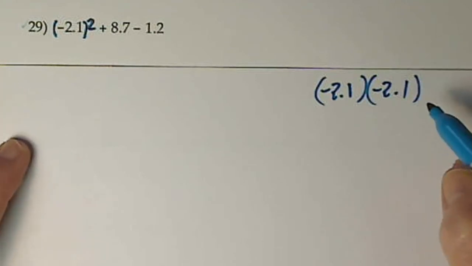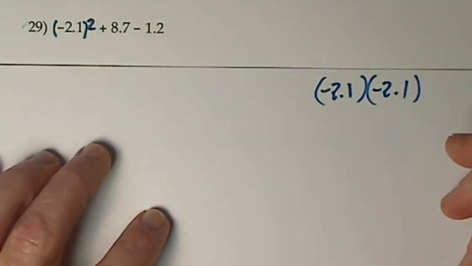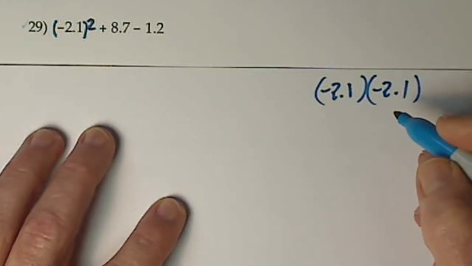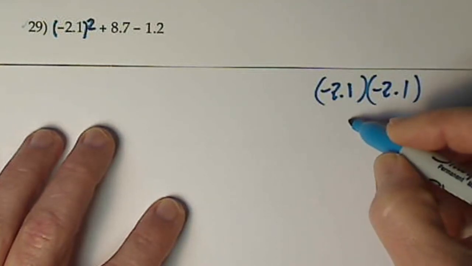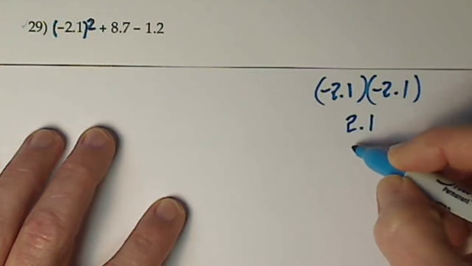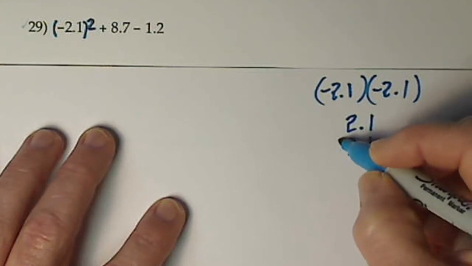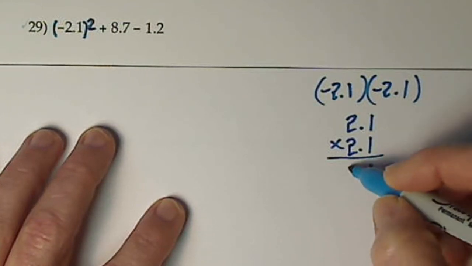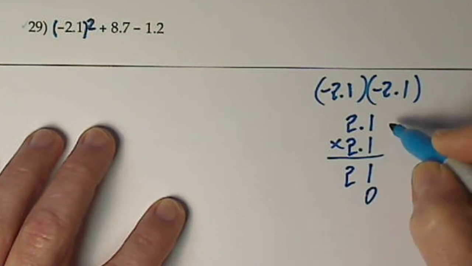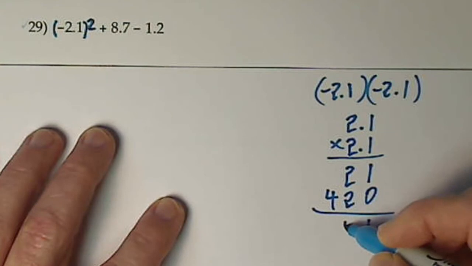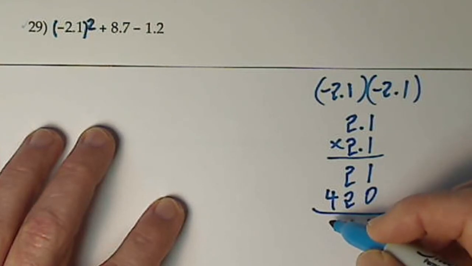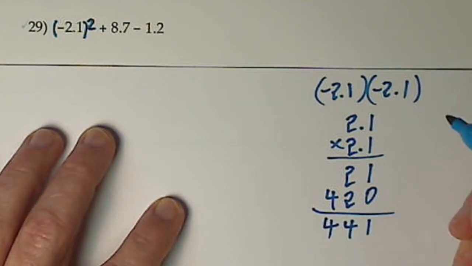So I'm going to have to multiply. And usually when I multiply, I stack things up. So let's do that. And negative times a negative will be a positive. All right. So we have 2 1/10 times 2 1/10. That's 2, that's 4. And you have to count the decimal places.